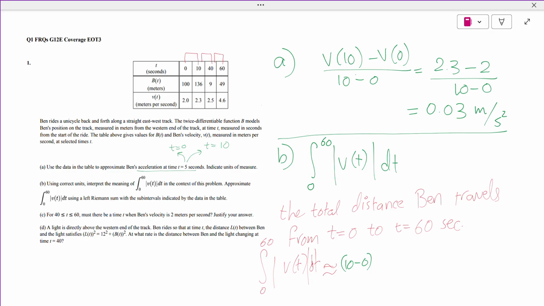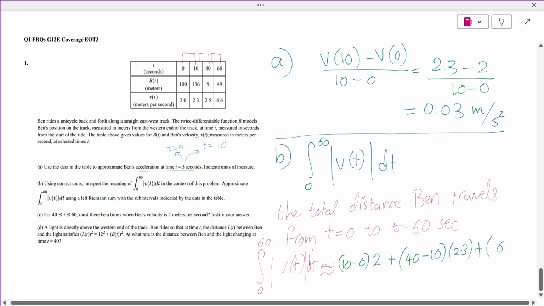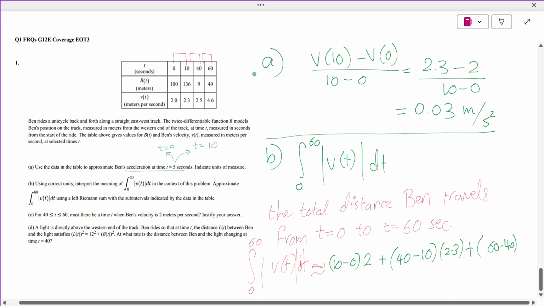The left endpoint is 2, right? Plus the other one will be 40 minus 10, and the left endpoint is 2.3, plus the last one will be 60 minus 40, and the left endpoint is 2.5.